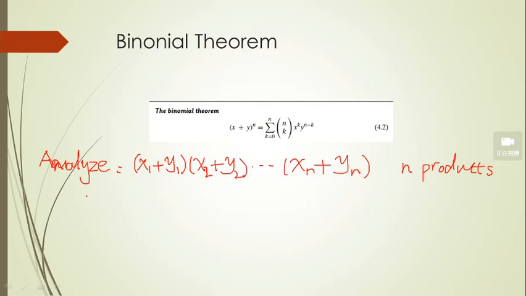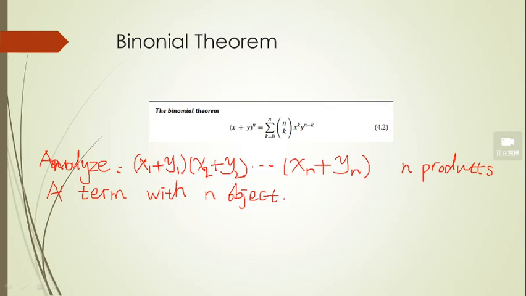So you are going to form one term, a term with one object from each parenthesis, right? Here, a term means you will have one product, okay?